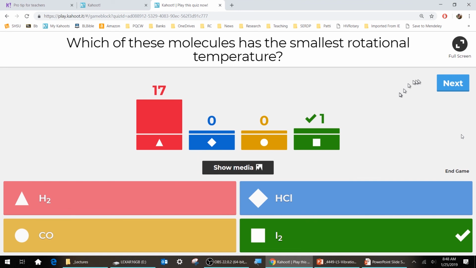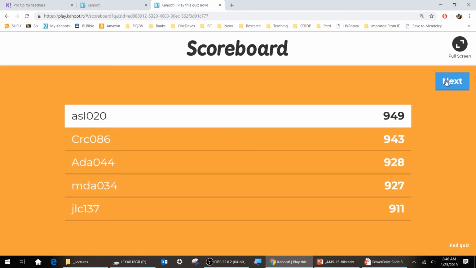So again, the rotational constant in wave numbers is going to be proportional to the rotational temperature. You're just dividing by the units and converting it. Mainly, you're dividing it by Boltzmann's constant. So the wave numbers goes away and temperature comes back up on top. So higher rotational constant would give you a higher rotational temperature. It's just like higher vibrational frequency would give you a higher vibrational temperature.